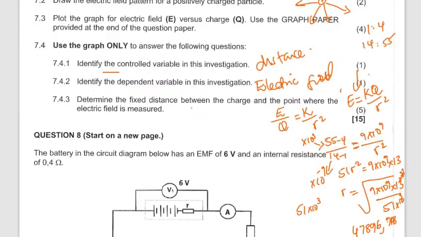Yeah, perfect. So I'm getting 0.04789. I'll just make it meters. Perfect. So guys, that's the answer.